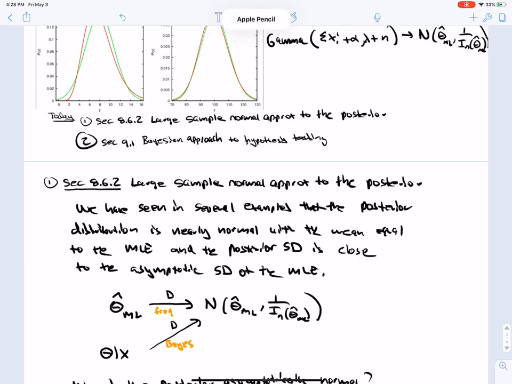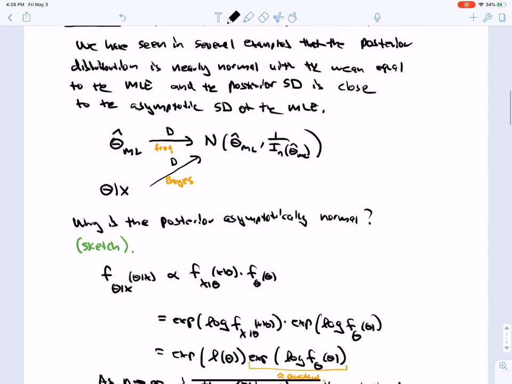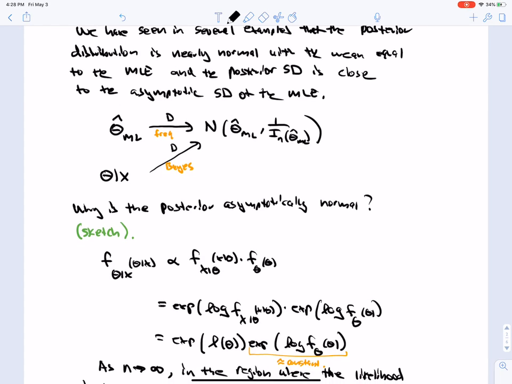So we have convergence in distribution of the MLE and also the Bayes posterior to a normal distribution with mean theta hat ML and variance 1 over the sample Fisher information. So why is the posterior asymptotically normal?